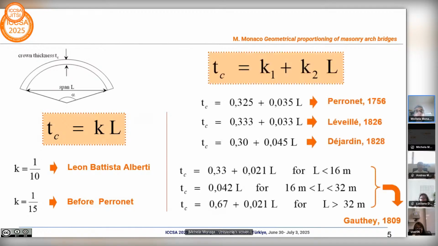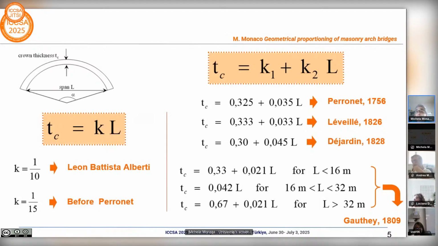So after Perronet in the 18th century, the most used relations were a sort of linear polynomial relations.